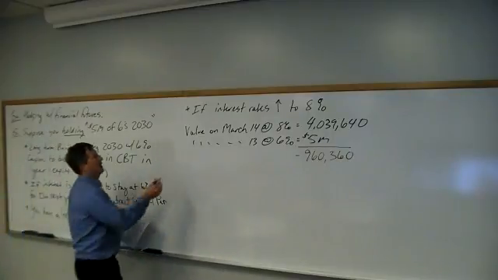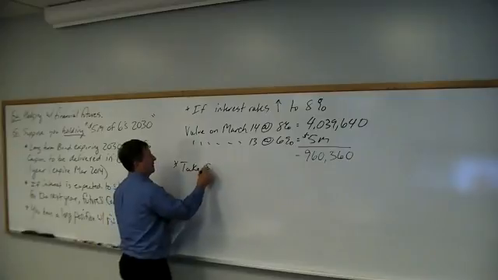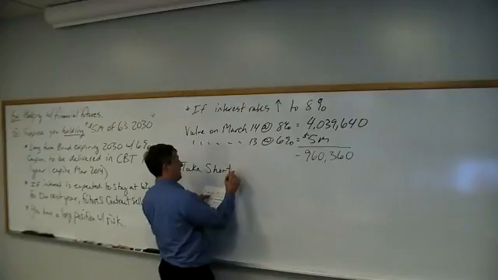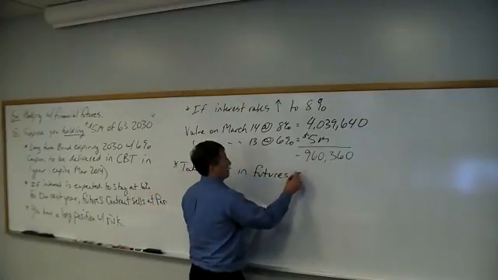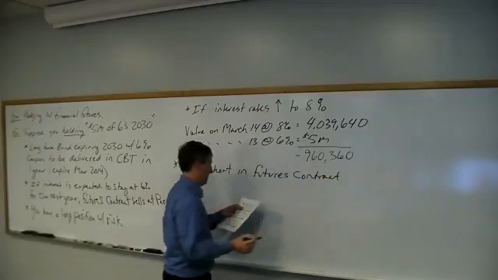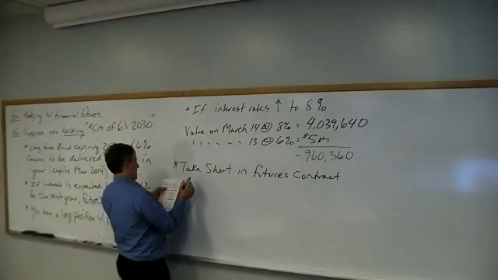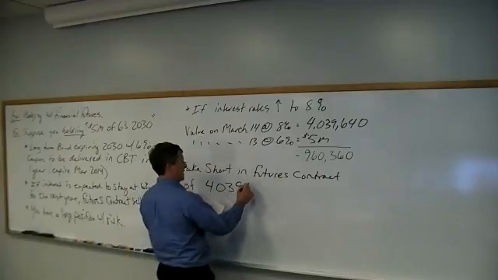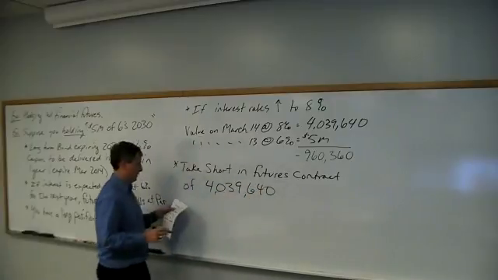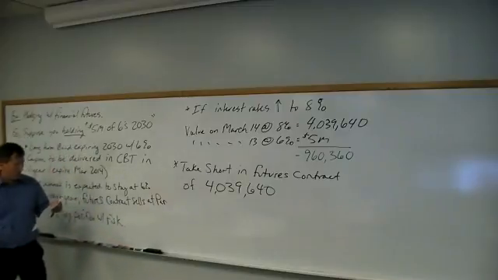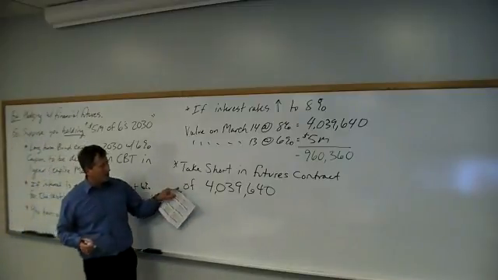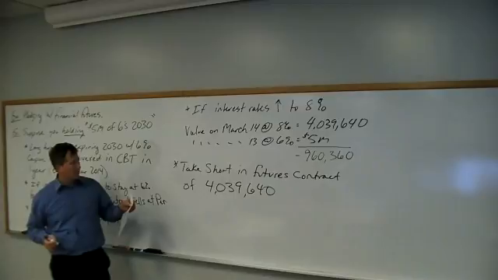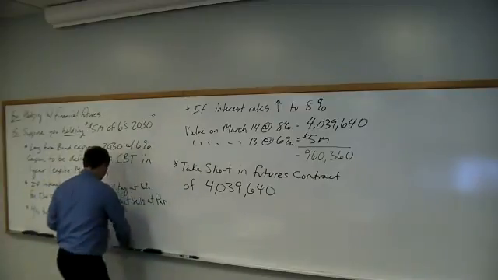All right, so if we take a short in the futures contract of 4,039,640, which is the value of the 5 million. And then we've got the answer.